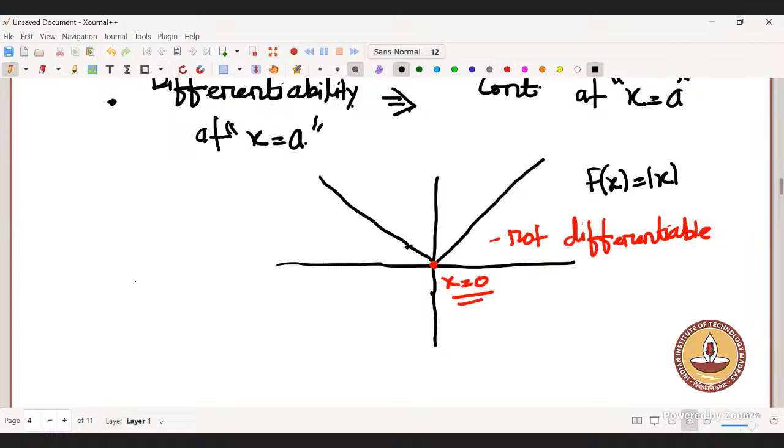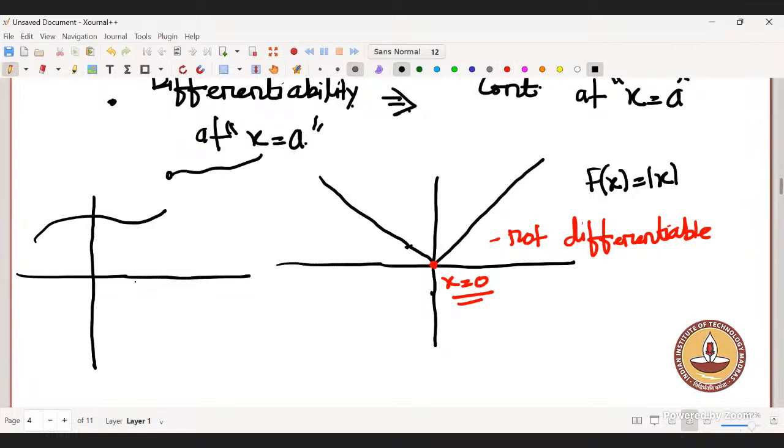Of course, by looking at the graph you can say that this function is continuous at x equal to 0, but it's easy to tell for a function like this. Suppose you have a function like this, and from here you have something like this. As you can see, this is broken, so it is not continuous.